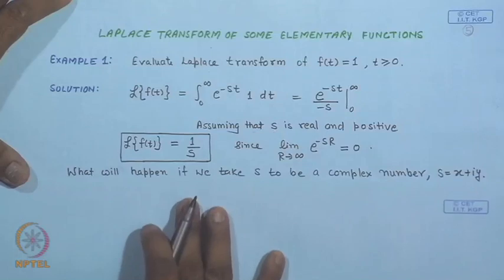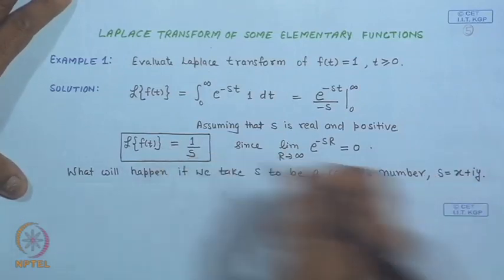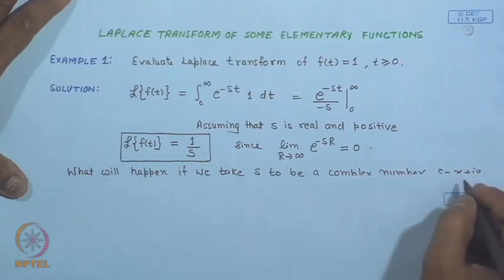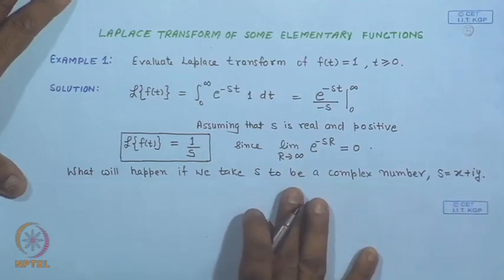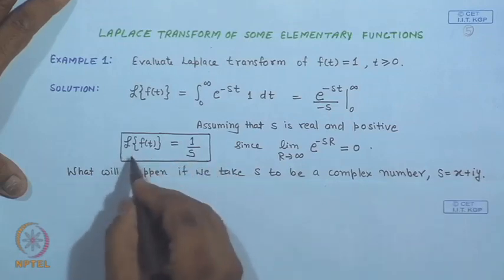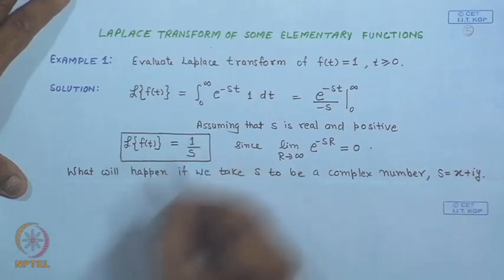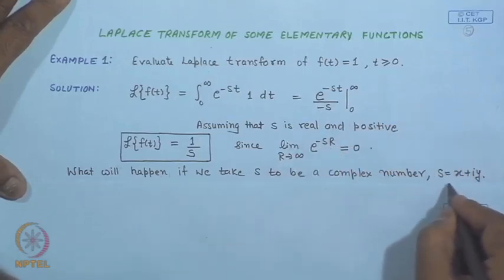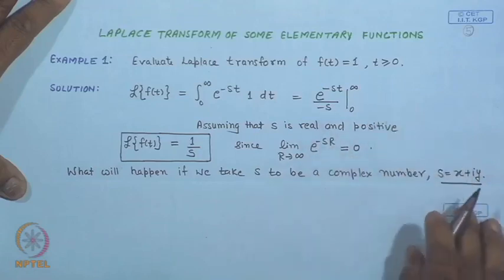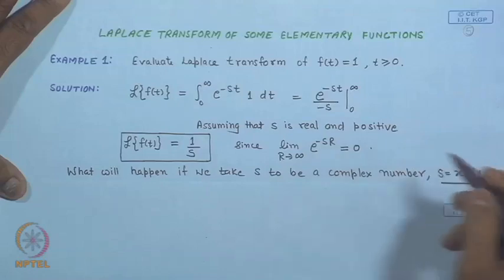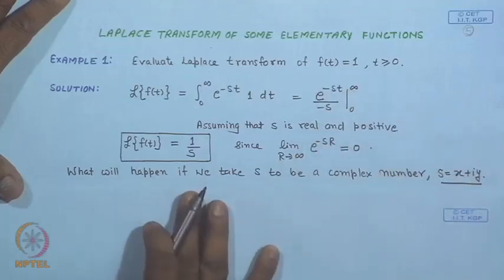What will happen if we take s to be a complex number? That means the s we take is equal to x plus i y, and in this case as well, the Laplace transform of f(t) will be 1 over s, and the reason is that when s is a complex number, the upper limit as t approaches infinity will again be 0, and we can see that.